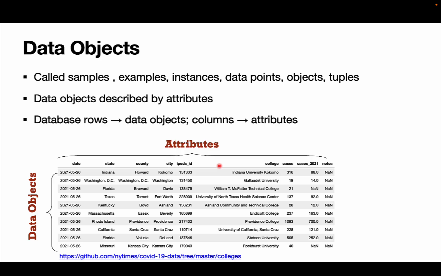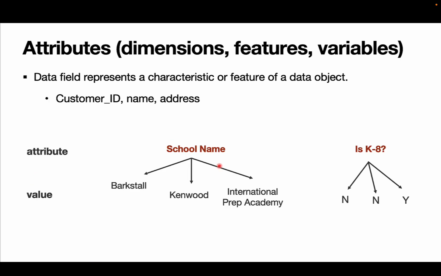Attributes are also called features, dimensions, or variables. In this example, there are two attributes. The first one specifies a school name, and the second one is a Boolean type attribute that specifies whether the school is a K-8 or not.